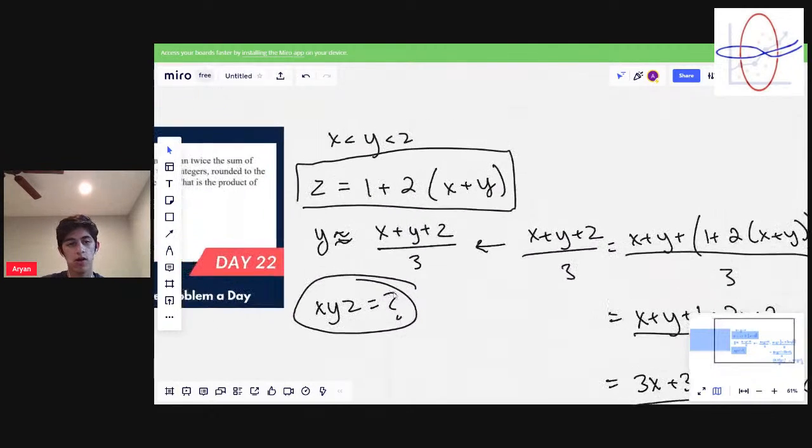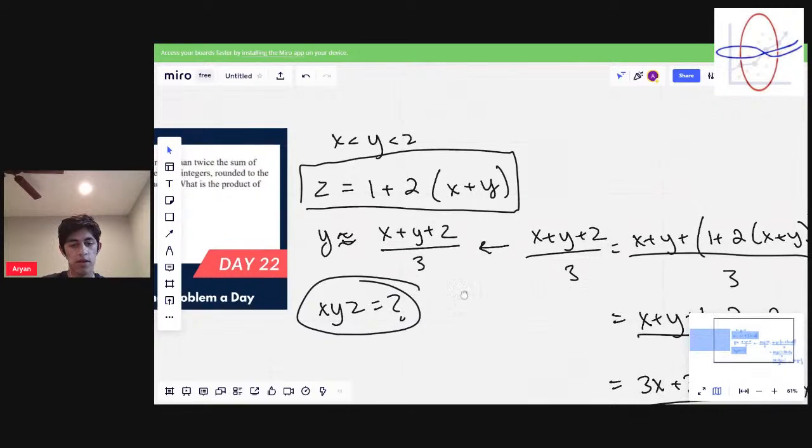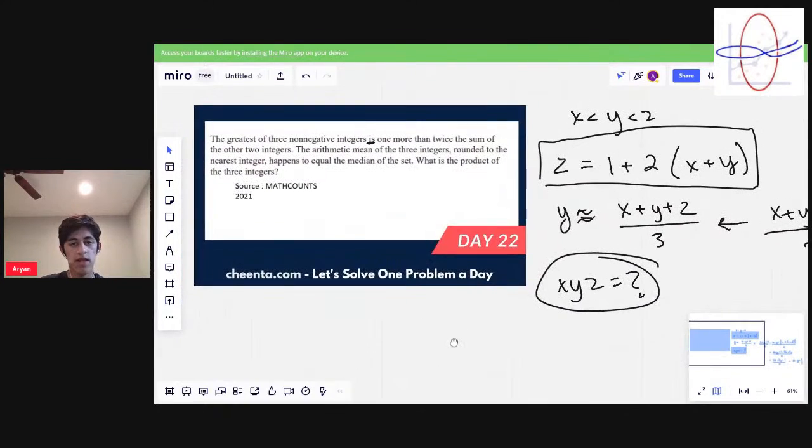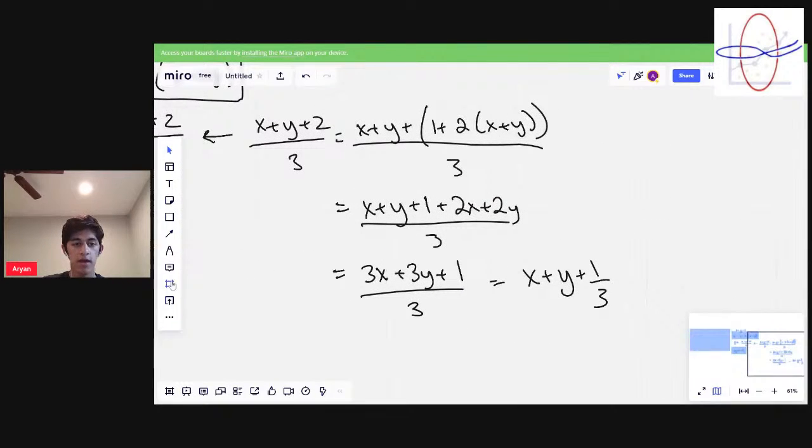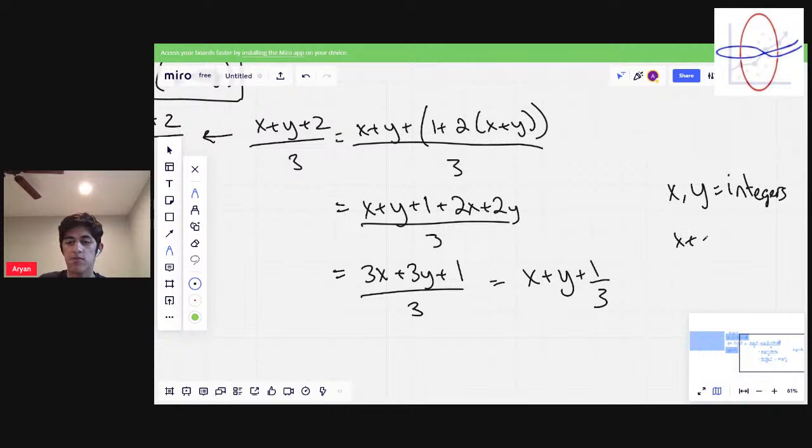Now if you recall, the problem said that our three numbers, x, y, and z, are non-negative integers. So we know x plus y has to be an integer because x and y are both integers. So this means we basically have some integer plus 1/3.